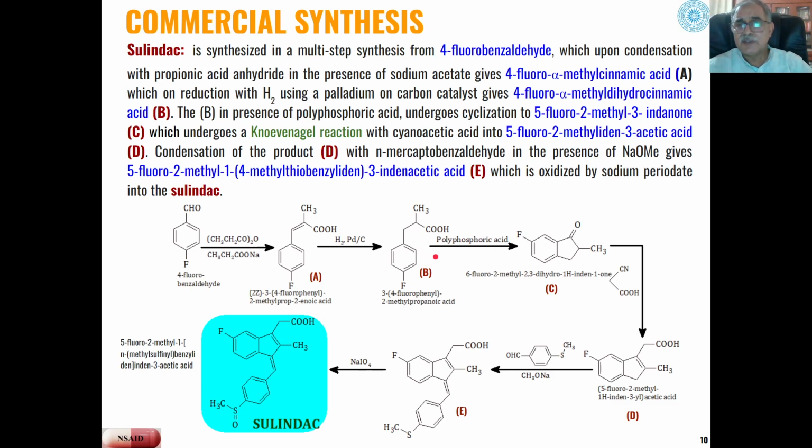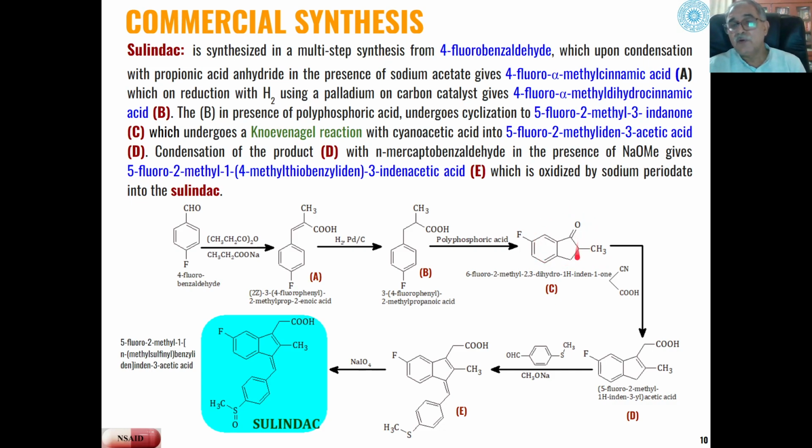Then when this is reacted with polyphosphoric acid, cyclization will take place at these positions. So we will get these 1-indanone derivatives, and 6-fluoro-2-methyl-2,3-dihydro-1H-inden-1-one will be formed as the product.